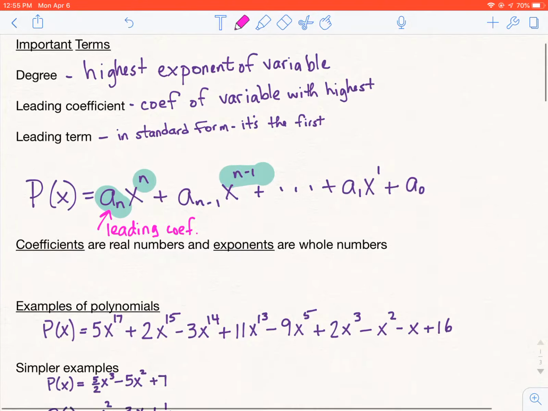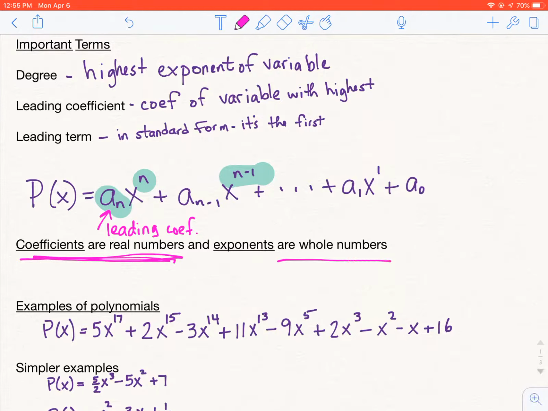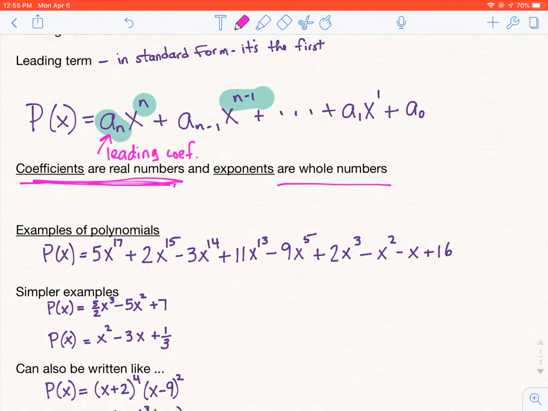And one of the things to notice is that coefficients are real numbers. We don't have any imaginary numbers. And exponents are whole numbers. Whole numbers are things like 1, 2, 3, 4, 5, 6, 7, or 0. But anything to the 0 power is 1, so we don't usually have that.